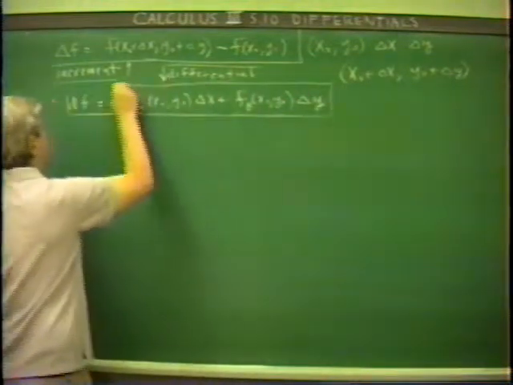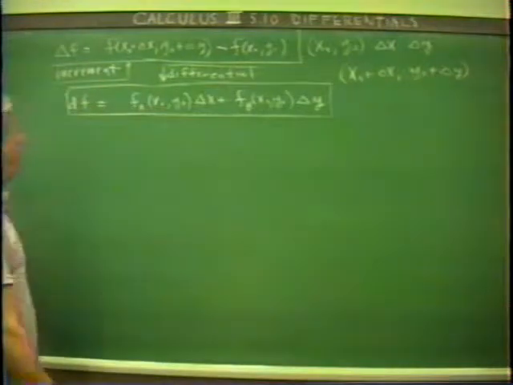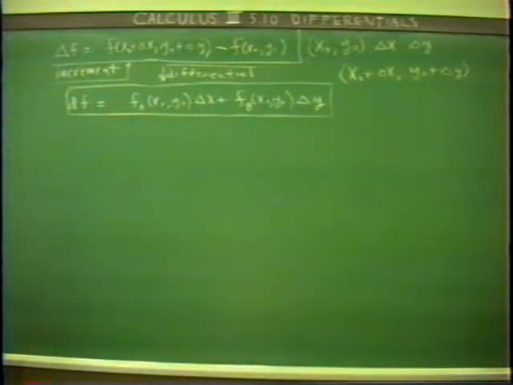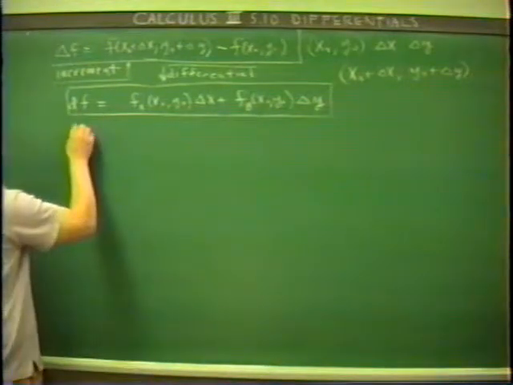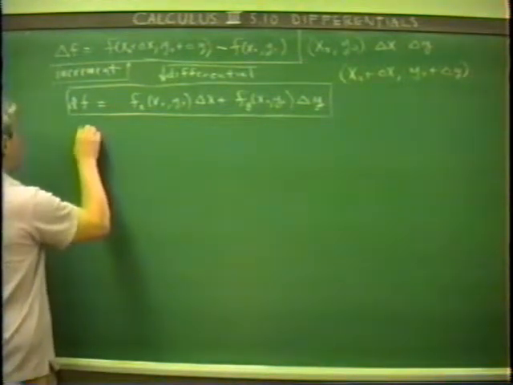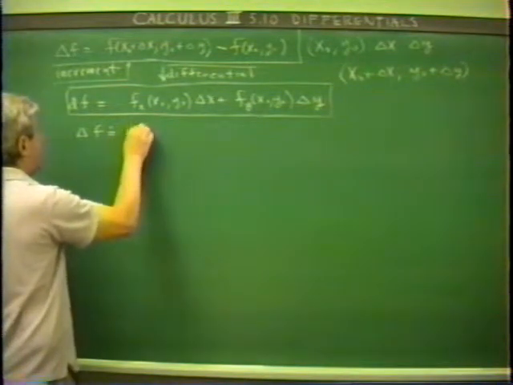Note again that the differential depends on 4 quantities: x naught, y naught, delta x, and delta y. Now, this is used for 2 purposes frequently.